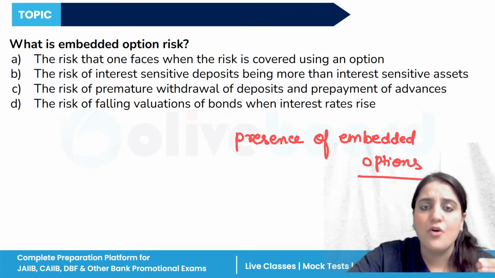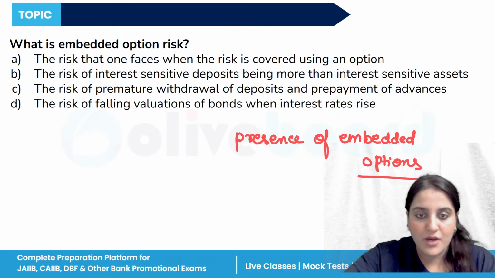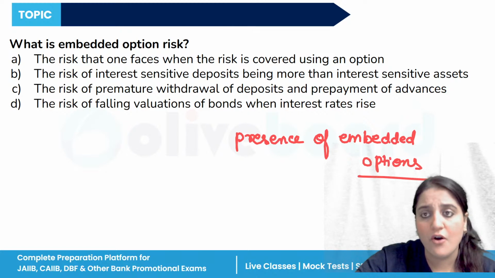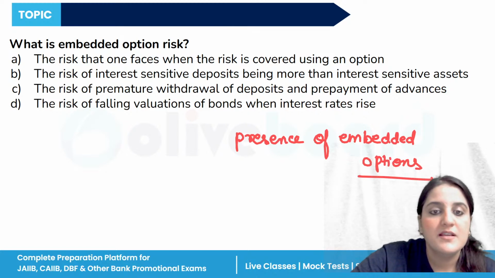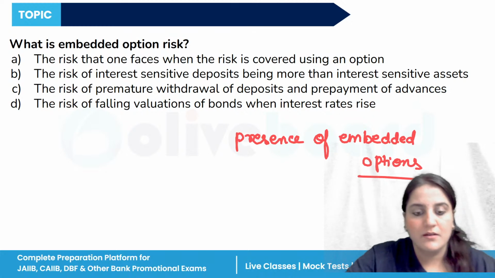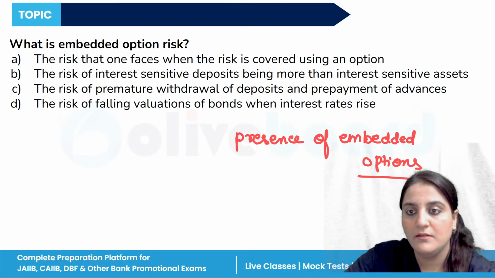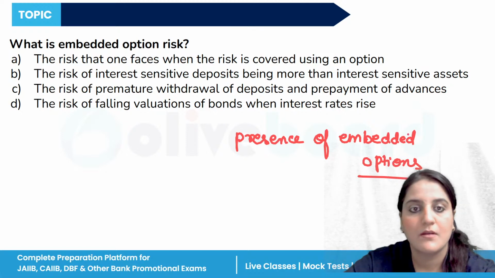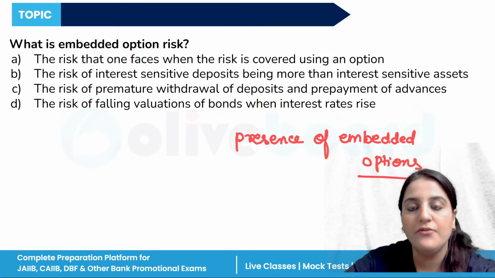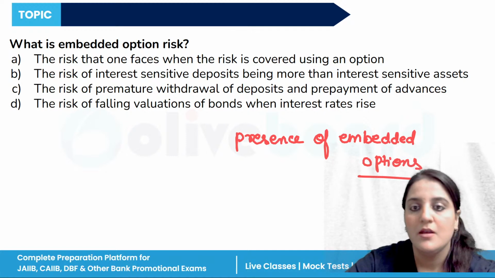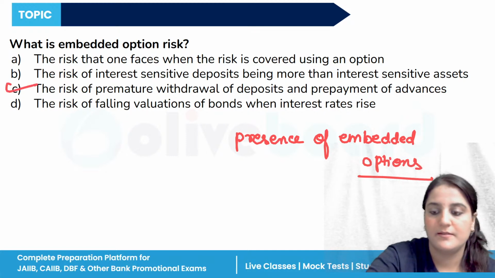An embedded option gives the holder certain rights, such as the ability to convert, redeem, or extend the terms of the contract under specified conditions. So we can say the correct answer is the risk of premature withdrawal of deposits and prepayment of advances. So option C is correct.